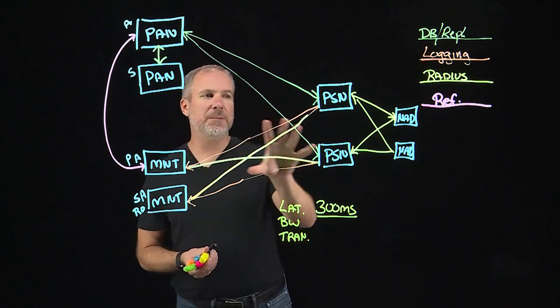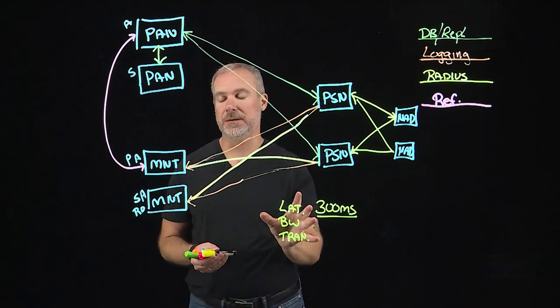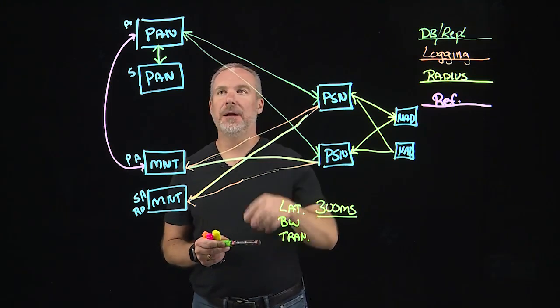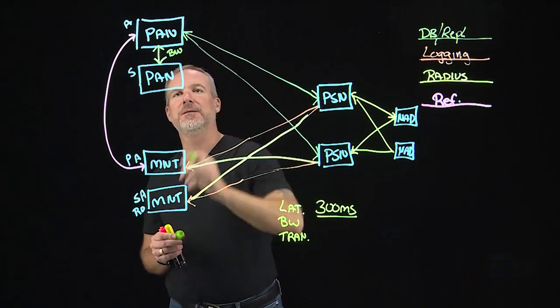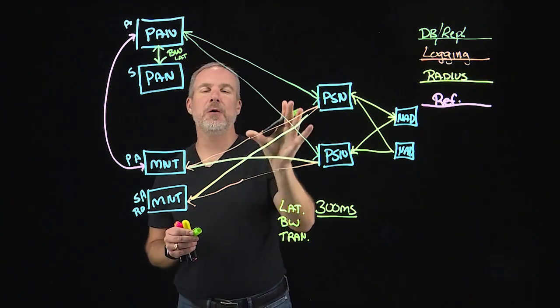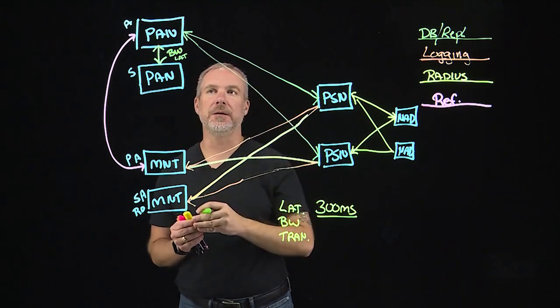So which type of traffic is more latency, bandwidth, or transactional sensitive? Well, pretty straightforward. Let's take a look at the database replication. That's going to be pretty bandwidth intensive, and the latency is going to impact how quick those updates are available between one side of the conversation and the other.